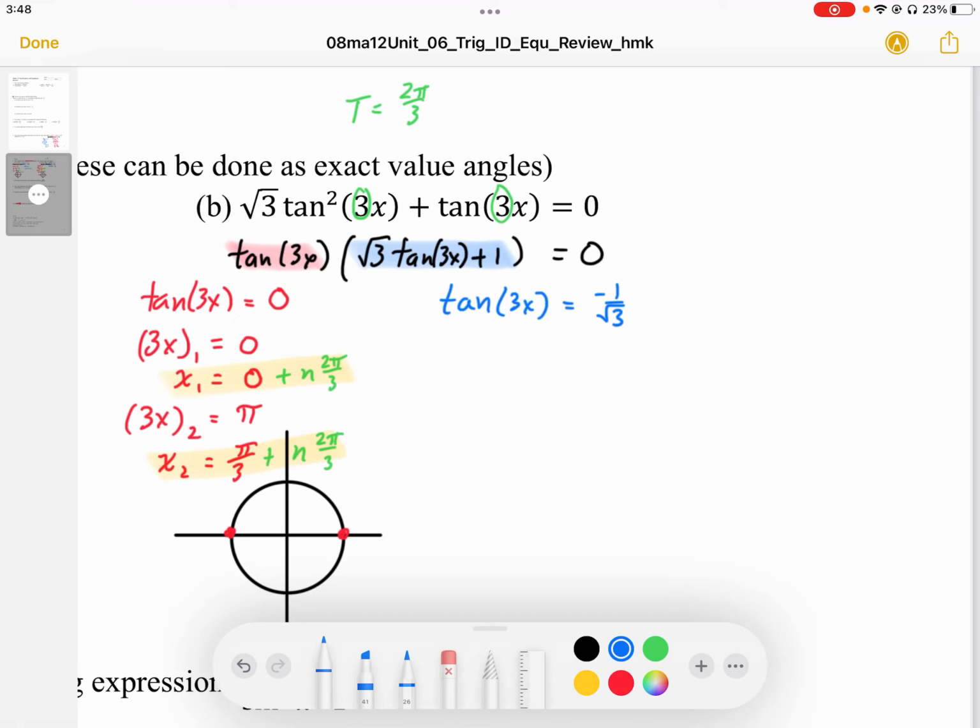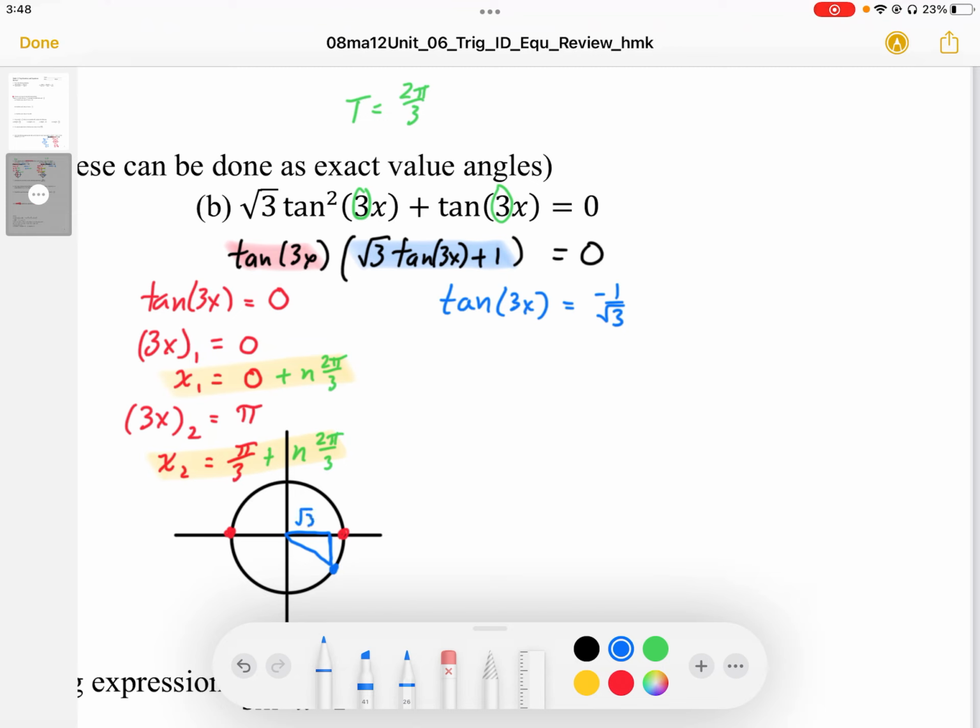So in our picture then, slope of negative 1 over root 3. I'm going to go 1 down and root 3 across, which gives me this slope triangle. So I'm going to be in that position.